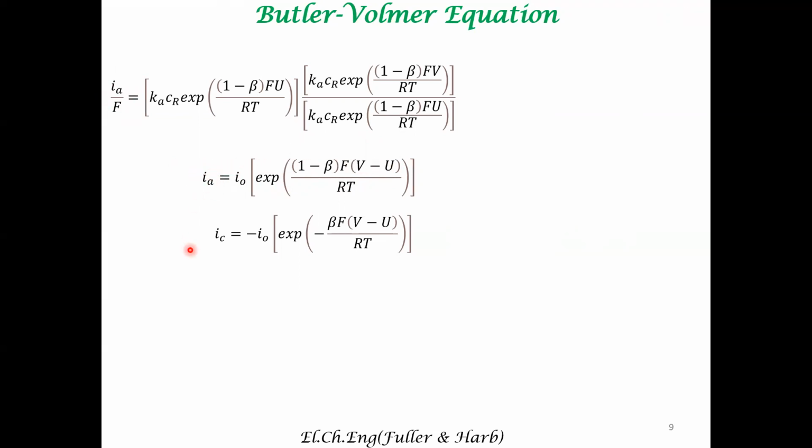We can write a similar expression for cathodic currents. Cathodic current at a potential V is given by a constant factor, which is the exchange current density, and that is modulated by an exponential term given by this expression.